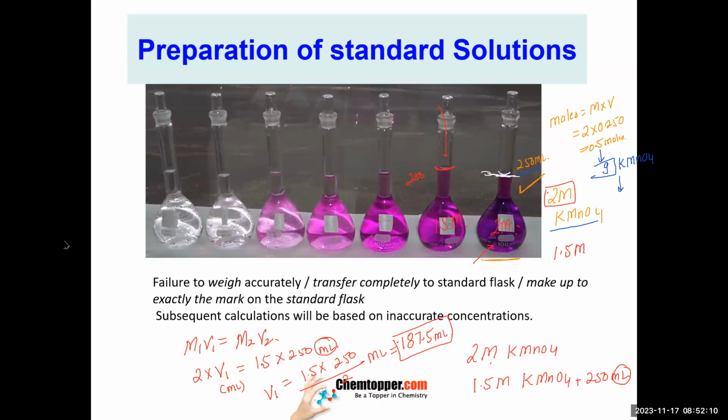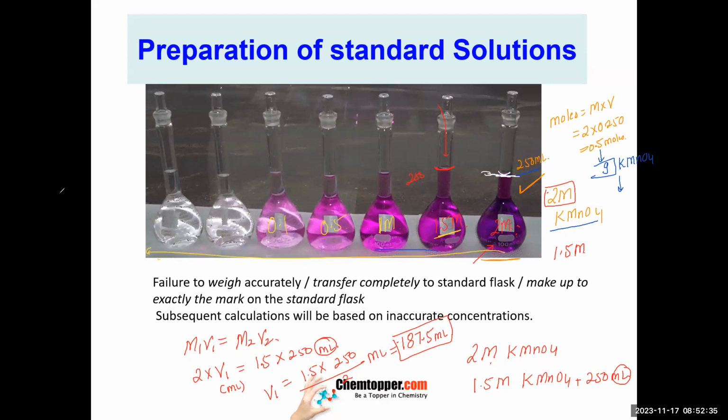Now, similarly, you can use the dilution law again, and you can convert the molarity from 1.5 molar. I can make a solution of 1 molar, then 0.5 molar, then 0.1 molar. And then you can see how the dilution law can be used to make multiple solutions. Is it okay, children?